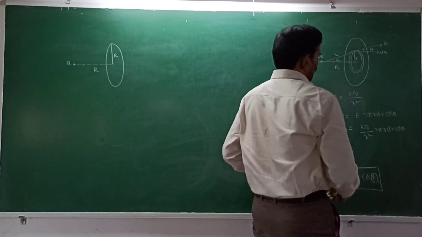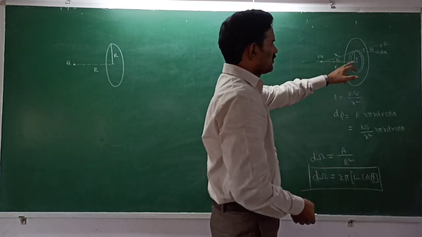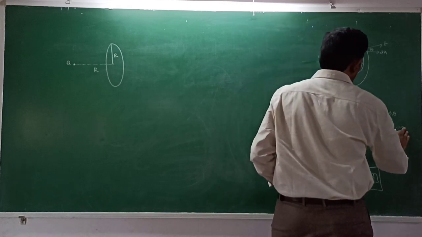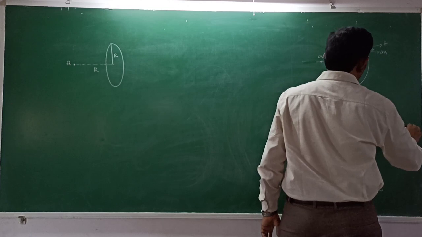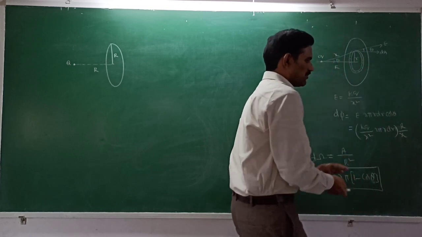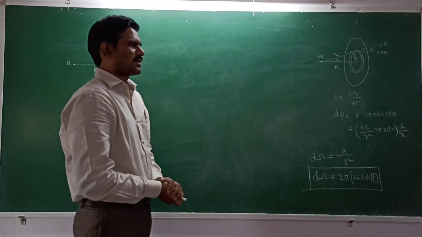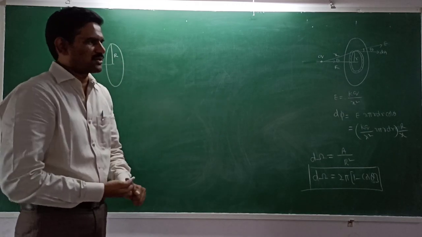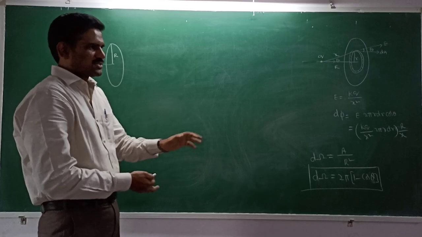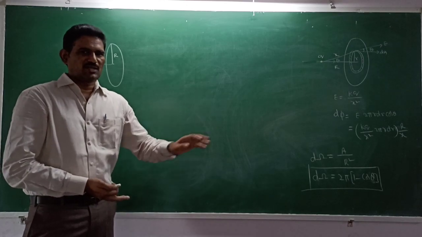Cos theta we also need to write in terms of r, so cos theta is capital R by x. And finally by converting that x in terms of r and R, we need to integrate. That is the general procedure if we don't know any formula. It's a very lengthy calculation.